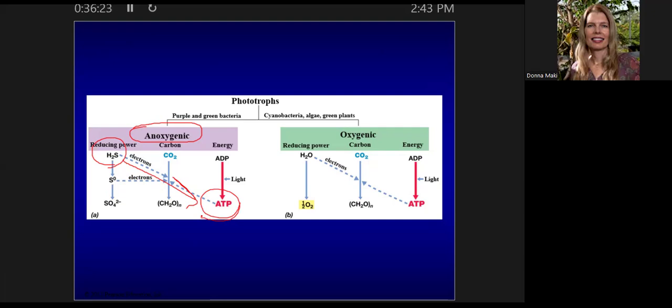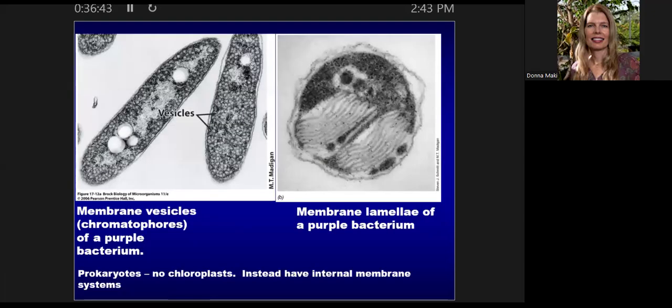Anytime you see CH2O written that way with the parentheses and n, that's the basic building block of a carbohydrate. So there are some microbes that do photosynthesis without creating any oxygen. In fact, they live primarily in areas where there's no oxygen.